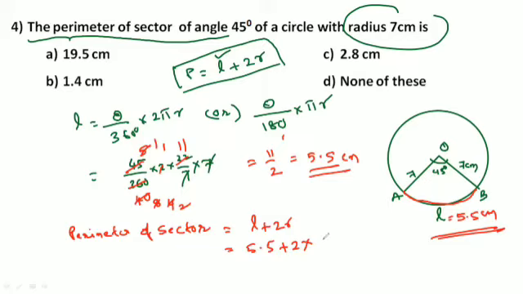What is the radius, children? Wonderful, 7. Now 5.5 plus 2 7s are 14. Now please add, children. 5.5 plus 14 is nothing but what do you get? 19.5 centimeters. Very good. So what is the absolutely correct option, children? Option A is the absolutely correct option. Okay. Please take a screenshot.